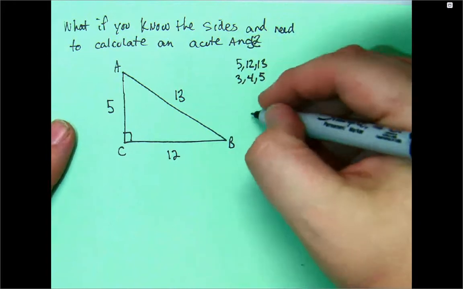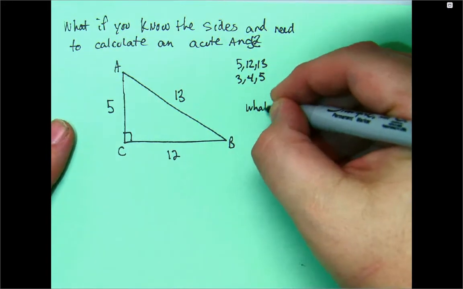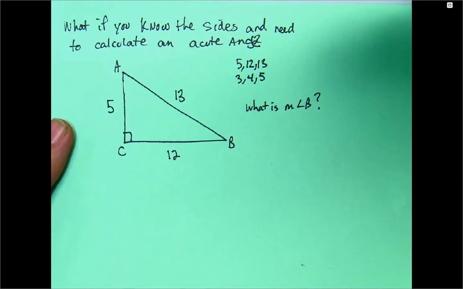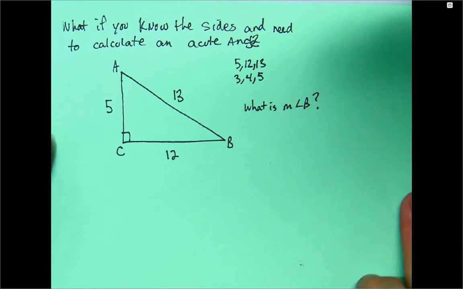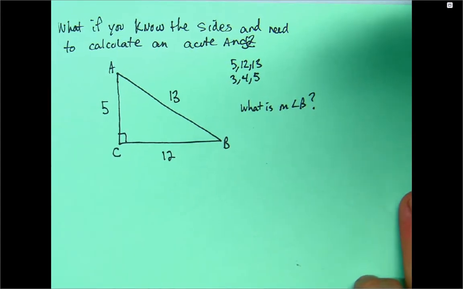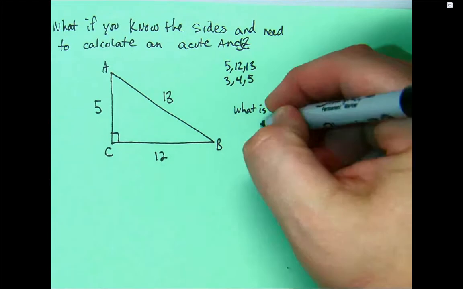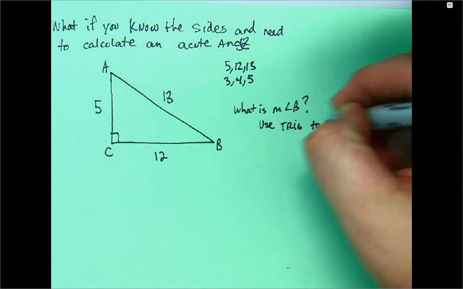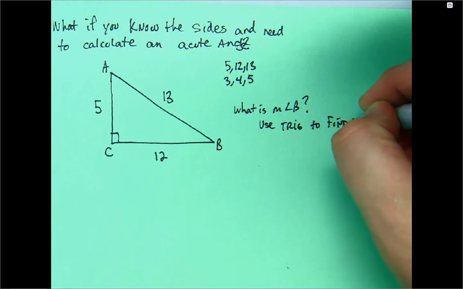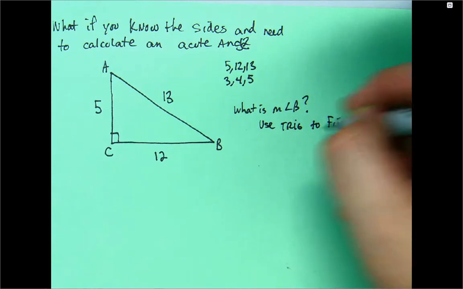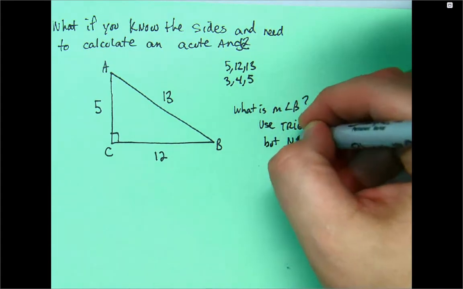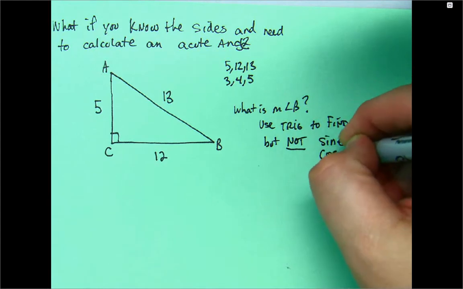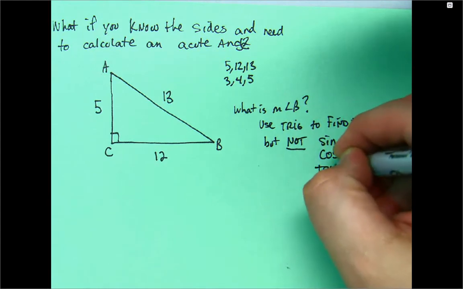Now, what is the measure of angle B? Now, the thing is, we're going to use trig. But not the sine, the cosine, or the tangent.